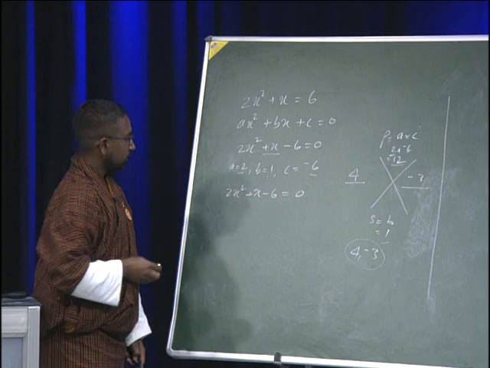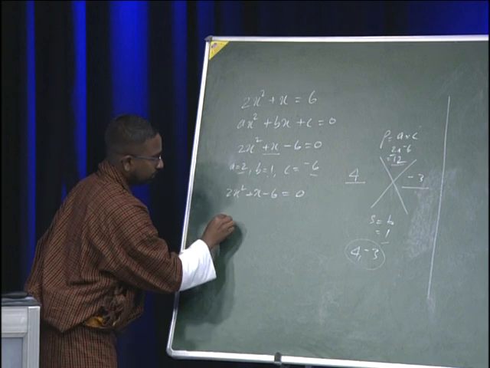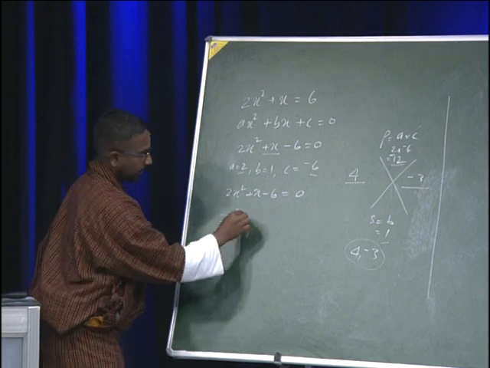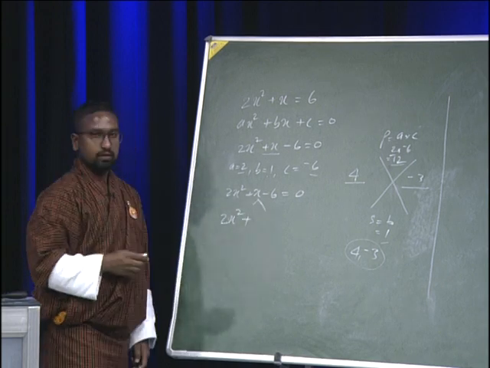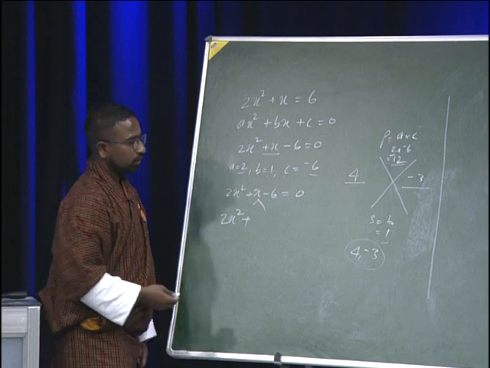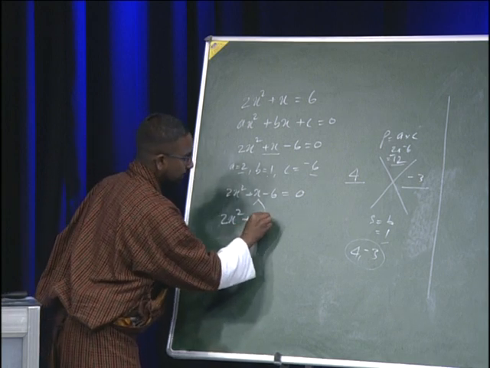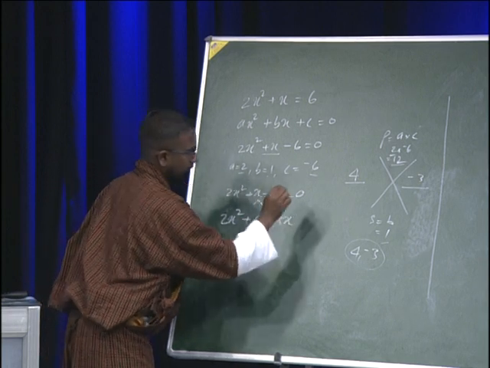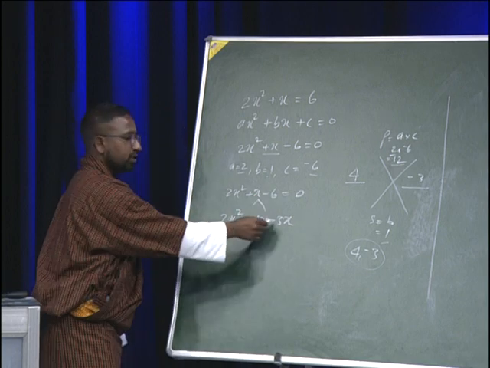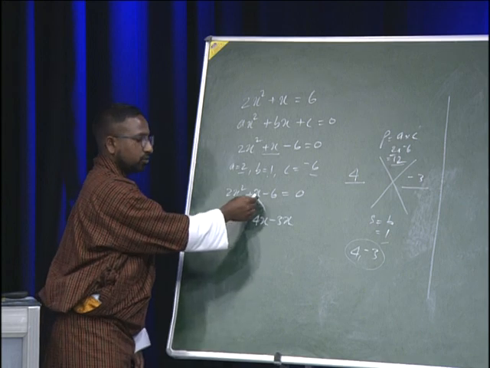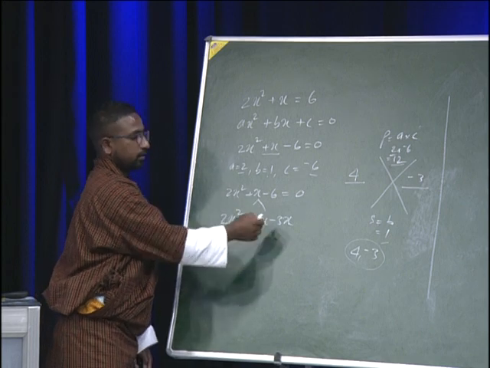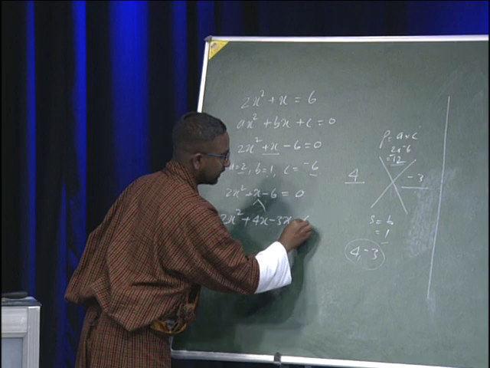So, your equation will be 2x square plus, now this middle x, we can split into two terms, that is 4x minus 3x. Because of this, we call this the decomposition method. x has been decomposed into 4x and minus 3x. Then you have minus 6 equal to 0.